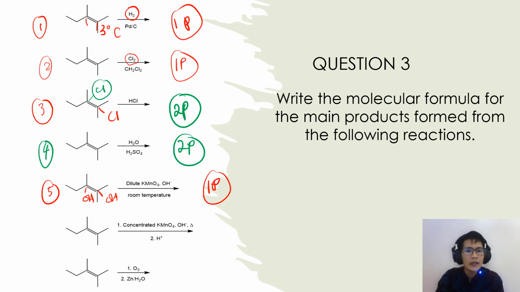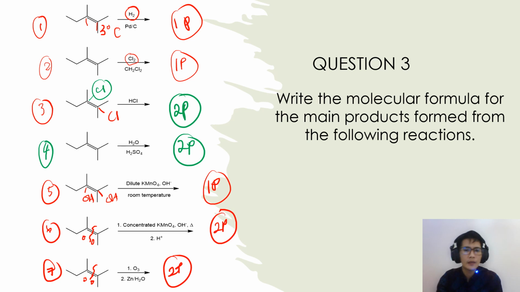For the oxidative cleavage, when you cleave over there, you add O over here and O over here, so you will get the mixture of two products. Number 6, for the last, it's the same. You just put O, so you will get the mixture of the two products.